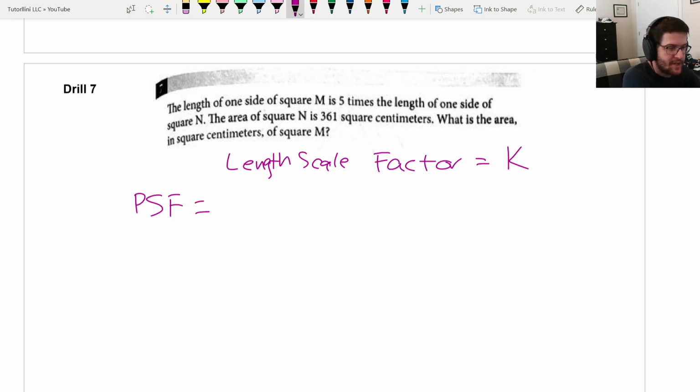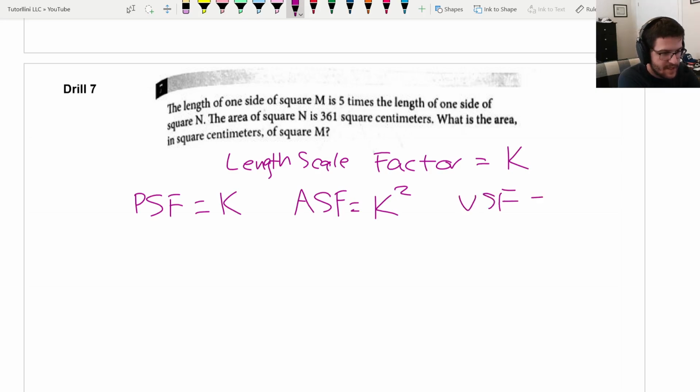Perimeters and lengths are in the same ratio when we have similar shapes. The area scale factor is equal to K squared. And the volume scale factor is equal to capital K cubed.